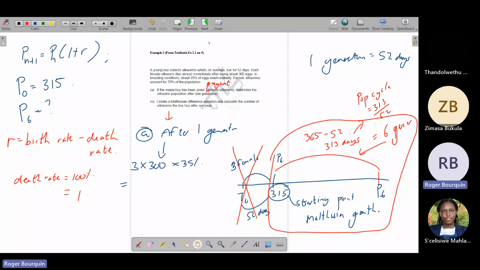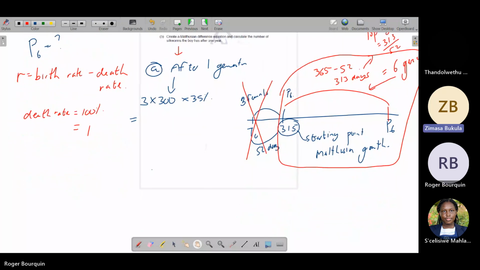Sir, if the question says they live on average for 52 days, wouldn't that be...? Oh, did it say that? Oh, that's what I should have been looking for. So they live for 52 days, it says, right? What's our generation cycle? It's 52 days, right? So they live for 52 days, and your generation cycle is 52 days.